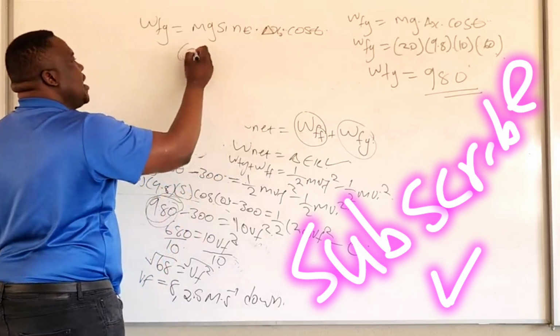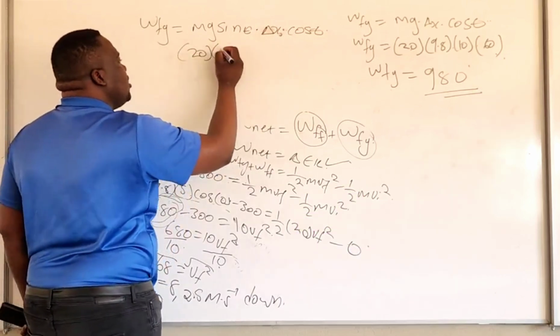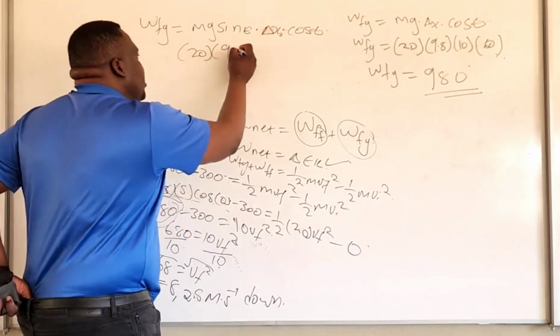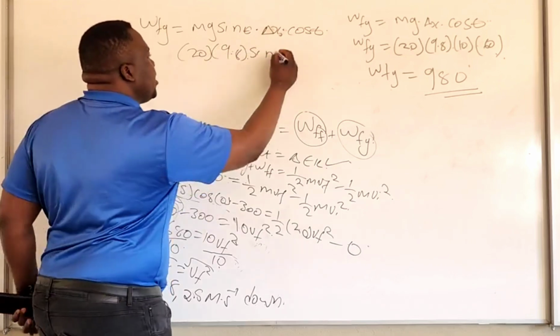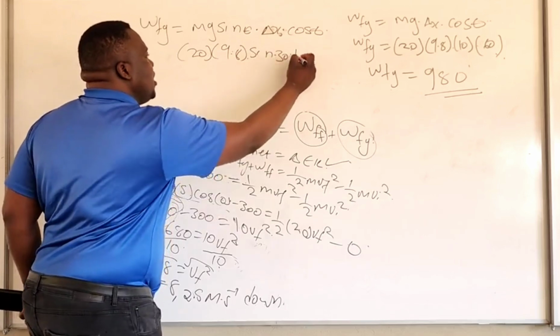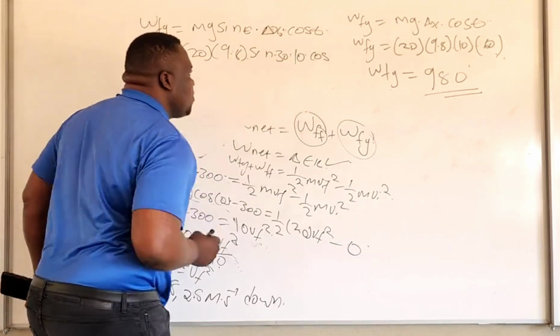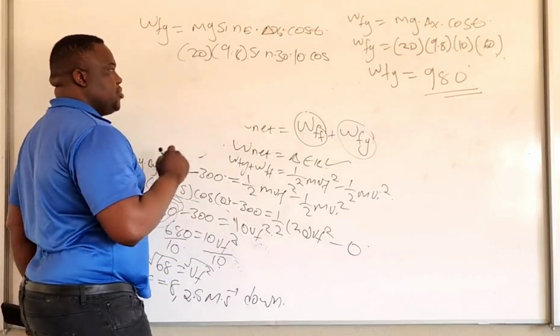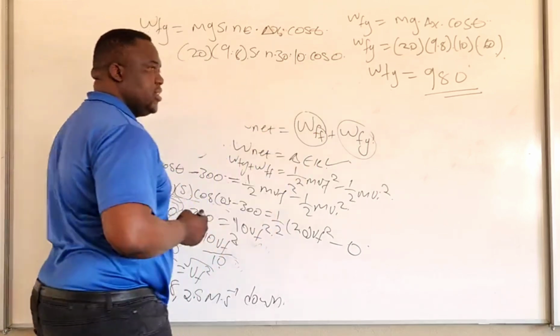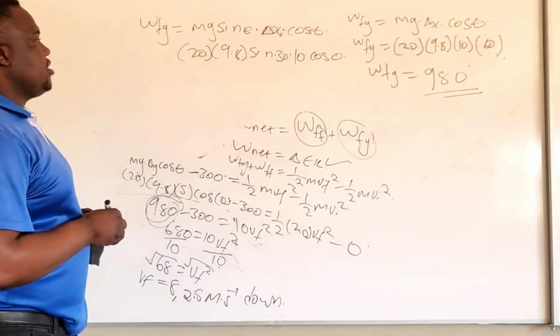I'm going to have mass 20, gravitational acceleration 9.8. Then we're going to have sine, what is the angle of the incline, is 30, displacement is 10, then we have cos. The object is moving down, we're going to use cos 0, there's positive work.